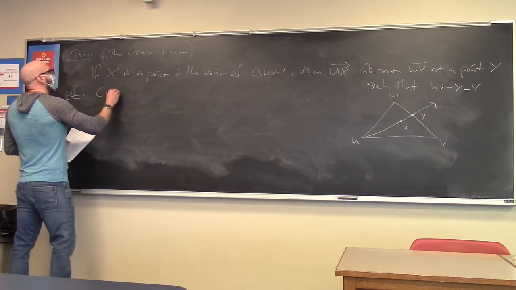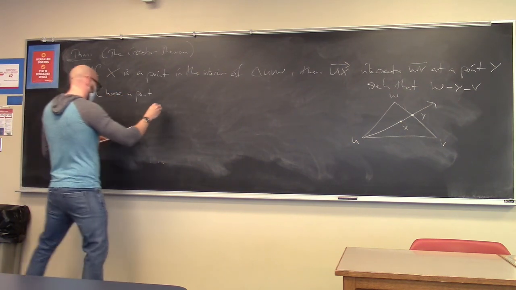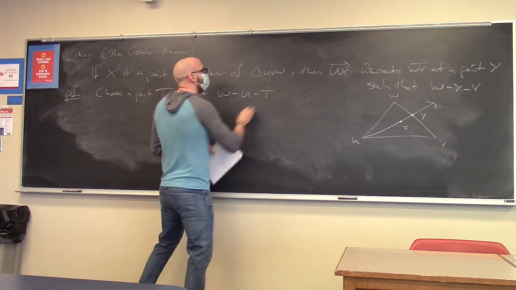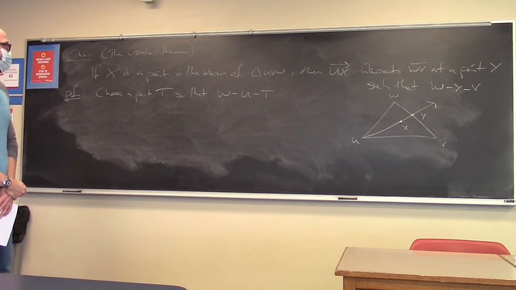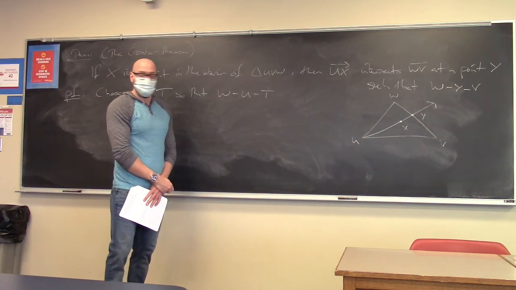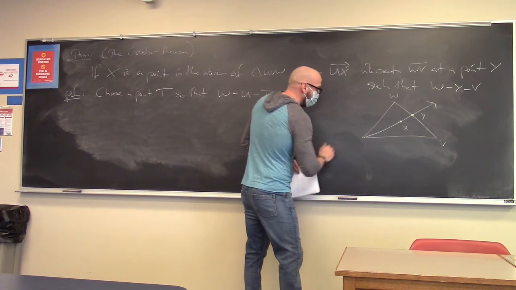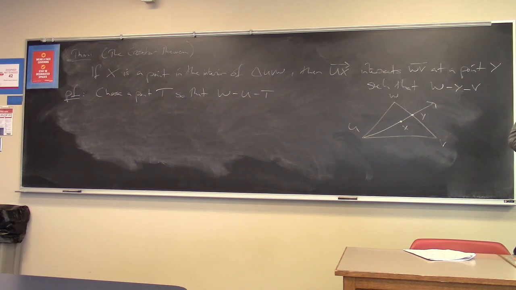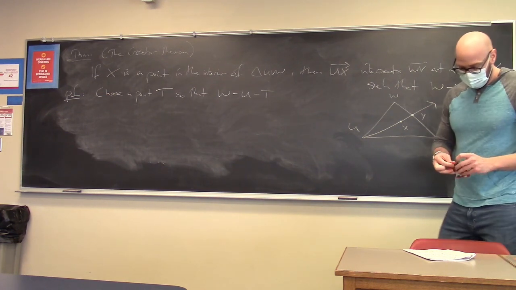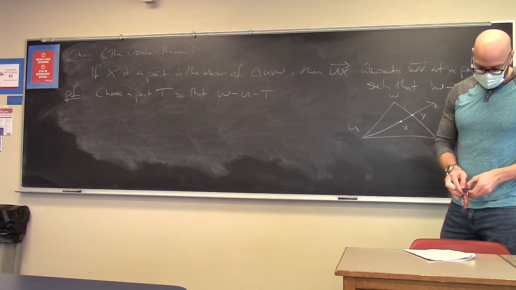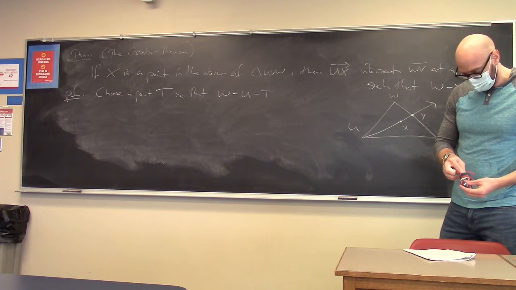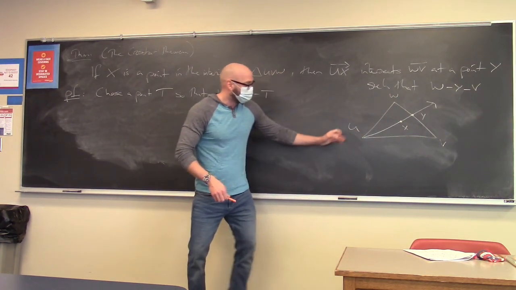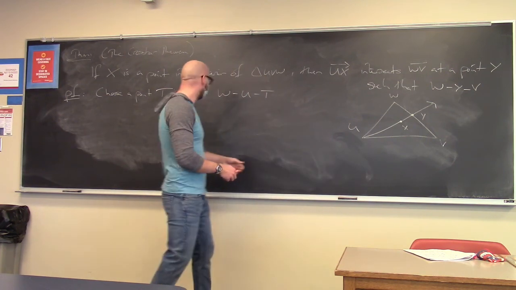So choose a point T so that W, then U, then T. In geometry 1, I would have phrased this as: take the line WU and extend it in the direction of U to a point T. Here I very much like this notation.